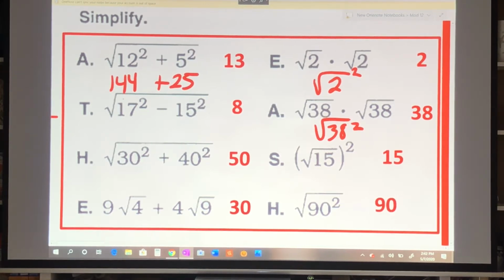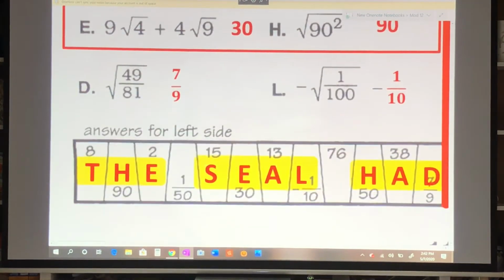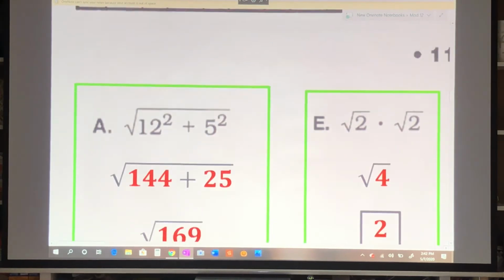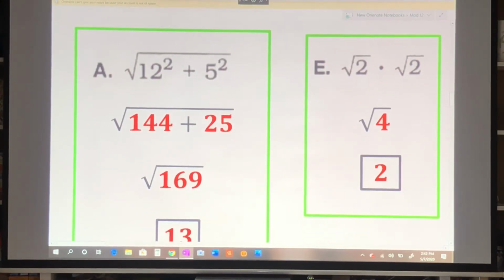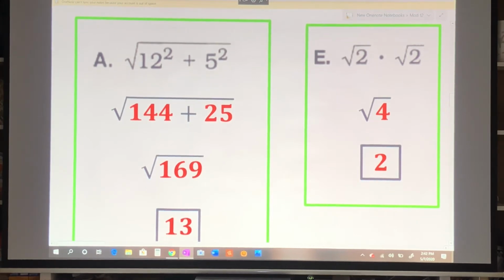The square root of 169 is 13. I'm trying to think, it was just the other side where I showed. Nope, I have it here. I thought I did. If I had a brain, I'd be dangerous. Okay. The square root of 12 squared is 144. 5 squared is 25. Add them up. The square root of 169, 13.